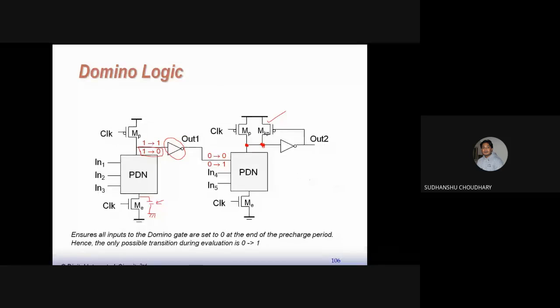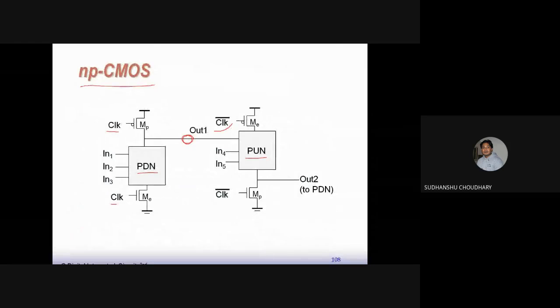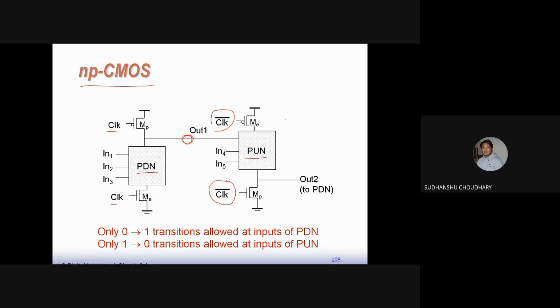Now we are supplying clock bar to the cascade which has a pull-up network composed of PMOS. Now this kind of circuit is called NP-CMOS logic circuit. And this is just one way of cascading the dynamic gates.